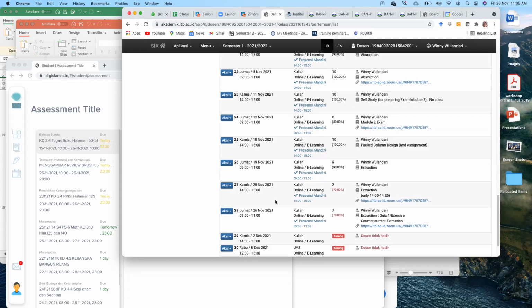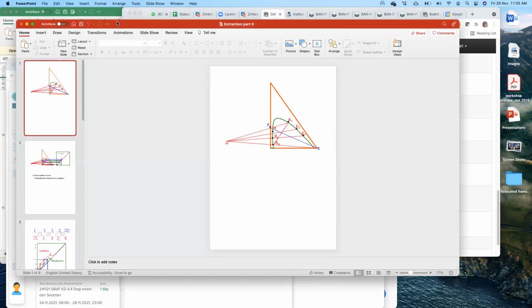Okay. Because we're still in extraction part 4, and I don't know why, but I tried to make it similar to the regular classes, but it looks like we're a bit behind schedule.